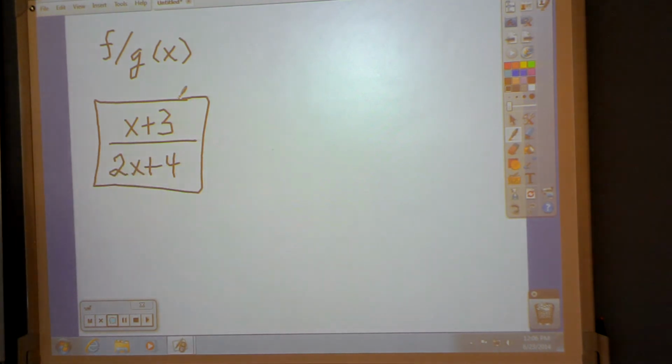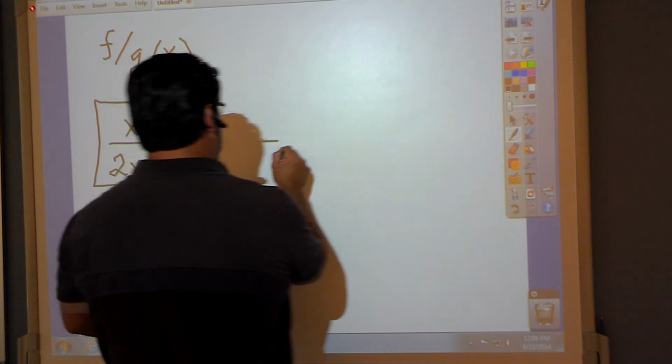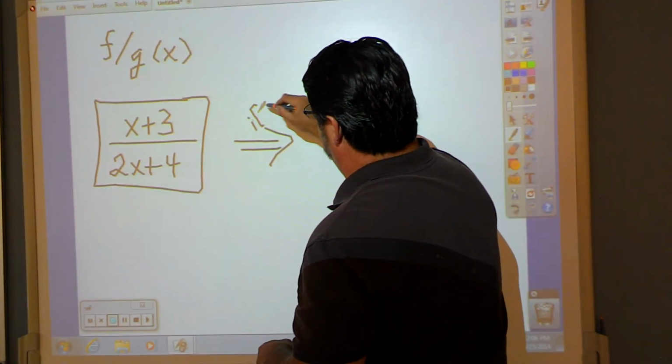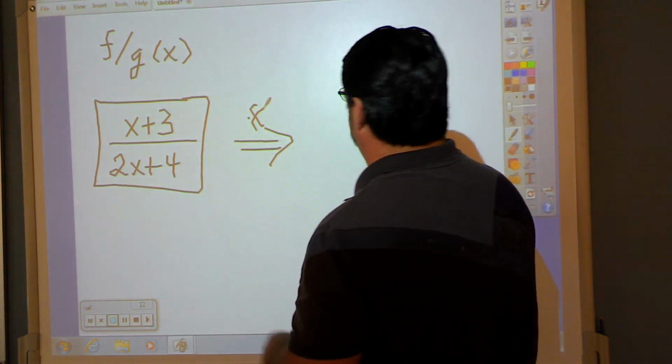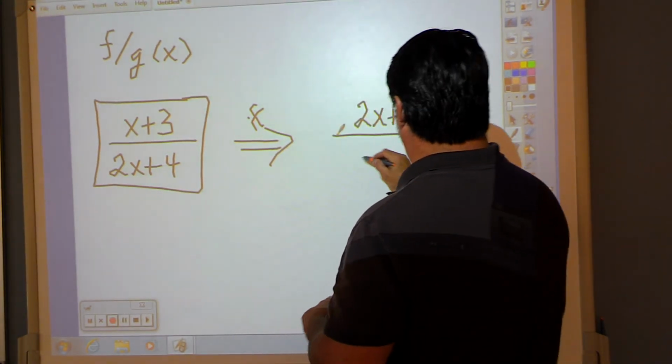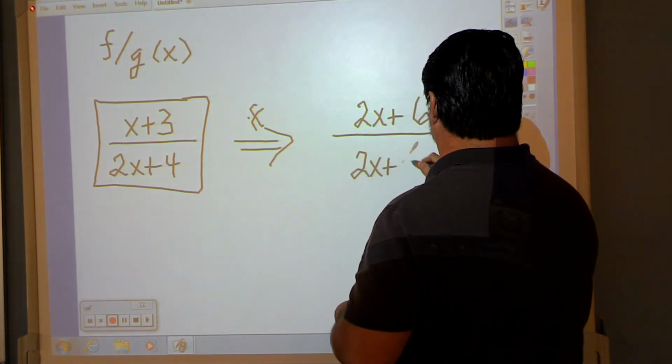If two things are joined together by a plus or minus, you can't cancel anything until you factor a common multiple out. Like, for instance, let me give you an example. Let's say the answer came out to be 2x plus 6 over 2x plus 4.